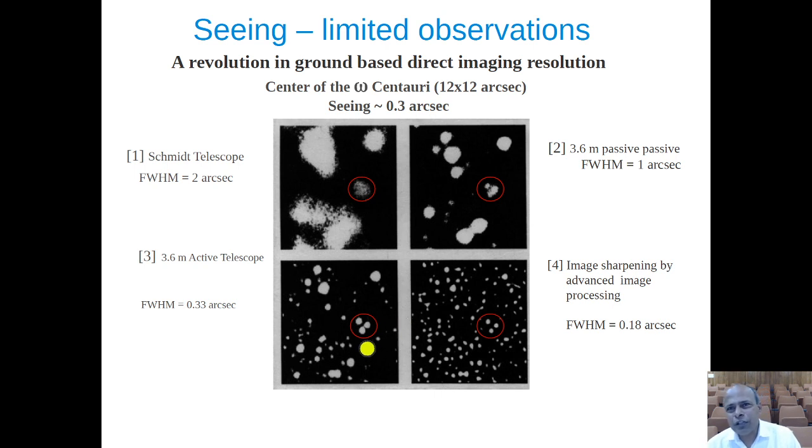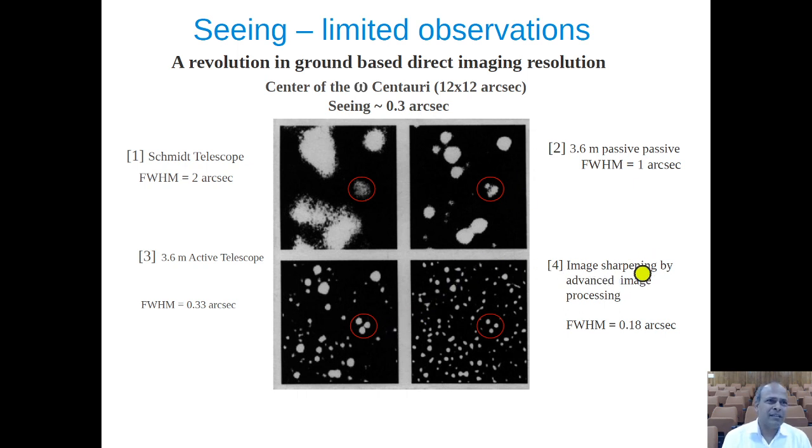Now coming to the active optics telescope, with the same image, you can see all these 3 stars are separated over here with this active telescope, and here we are able to get a full width half maximum of the PSF of 0.33 arc second. So you can see this is pretty close to the seeing of that site. So these are called seeing limited observations from an optical telescope.